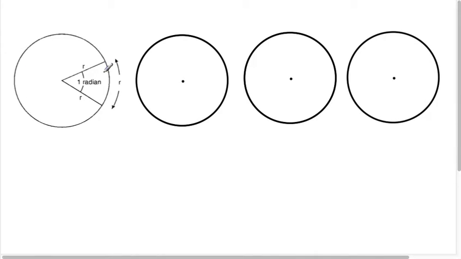So now think about it. If we have an arc with length r, this arc subtends this center angle and the size is 1 radian.